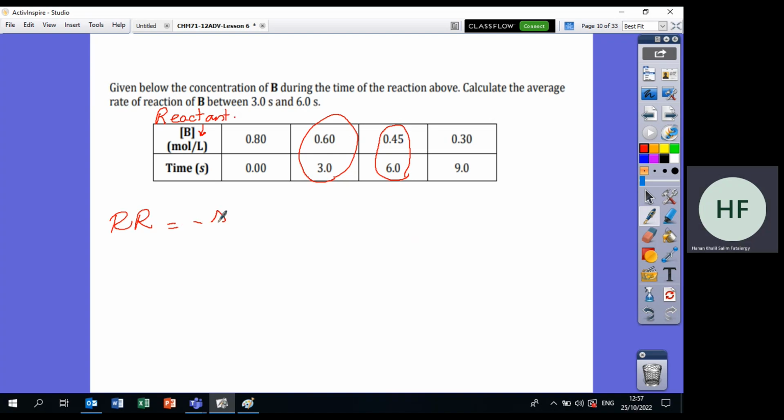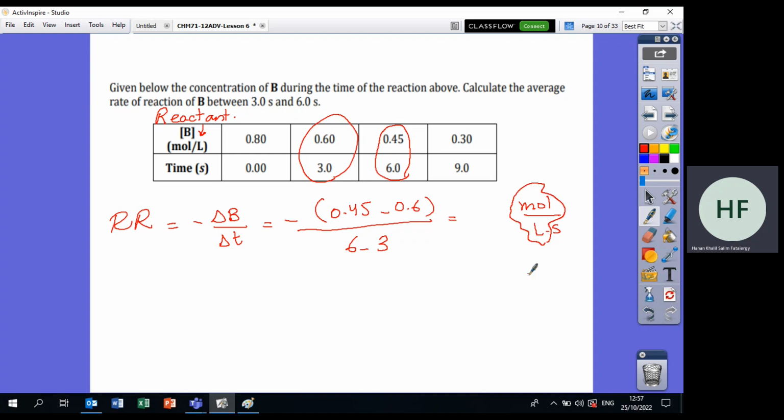Okay, so minus delta B over delta T. Now the final B is 0.45 minus initial 0.6 over the time 6 minus 3. Okay, and you find the answer, and the answer will be moles per liter second, or instead of moles per liter, you can write capital M per second.